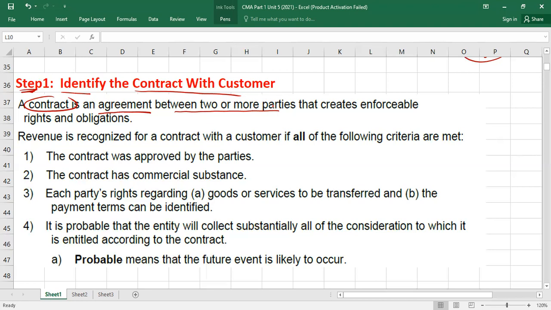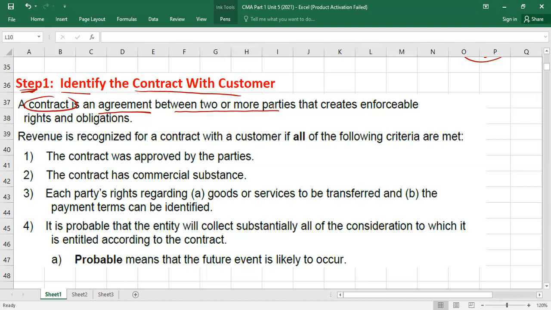What is implied? For example, when you visit a restaurant, you will take a menu, you will select a food. On menu, price is written. Even if you didn't speak with the counter, you didn't speak with the waiter, you will just tell, I need this food, right? He will bring the food for you and you have to pay the price which is mentioned on the menu.